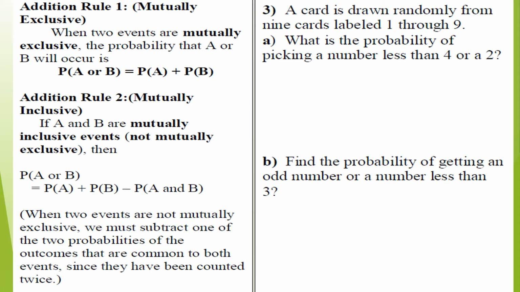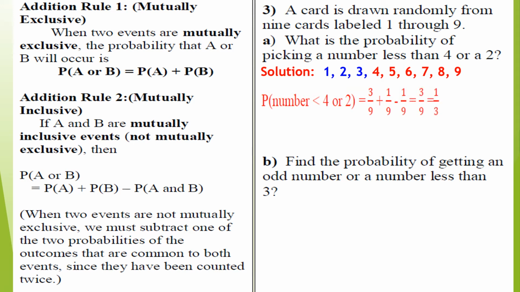Let's look at example number 3. A card is drawn randomly from 9 cards labeled 1 through 9. What is the probability of picking a number less than 4 or a 2? By the way, we have these outcomes here: 1, 2, 3, 4, 5, 6, 7, 8, and 9.